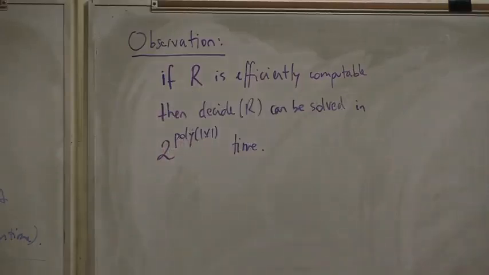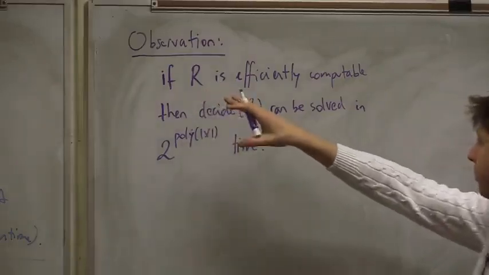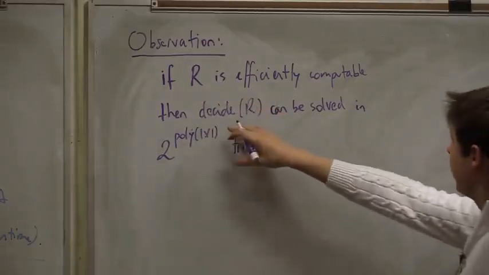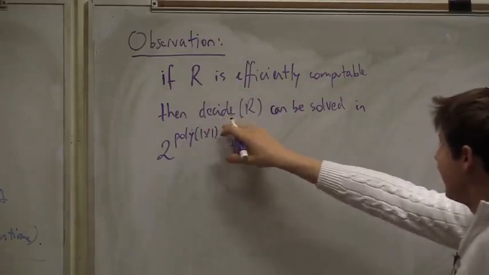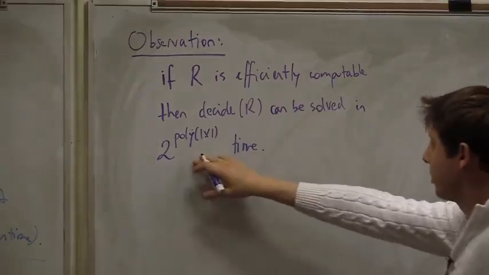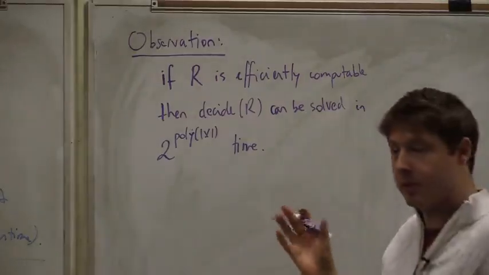So if R is well behaved, it doesn't encode some funny problems, then the decision problem associated to the relation R is not that hard. We can at least solve it in exponential time.